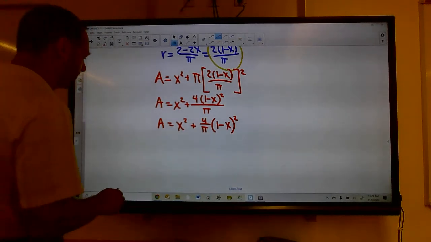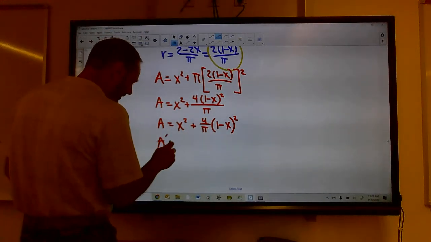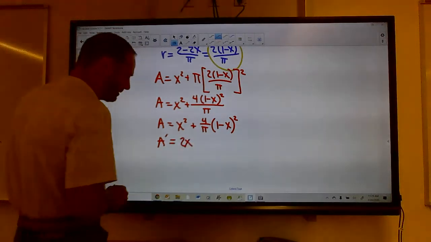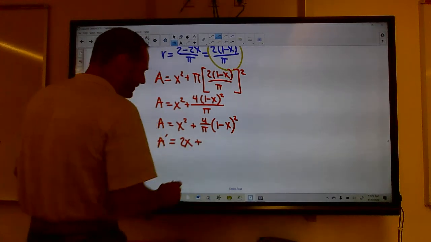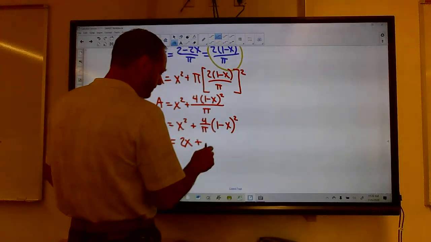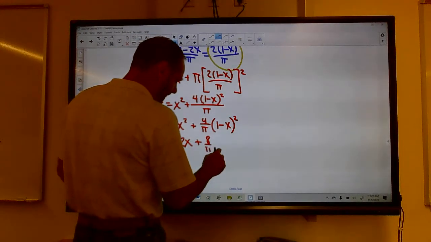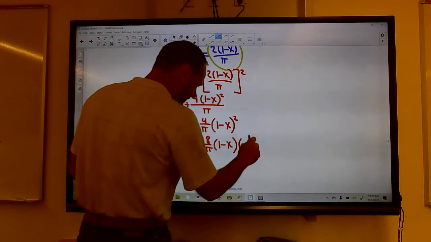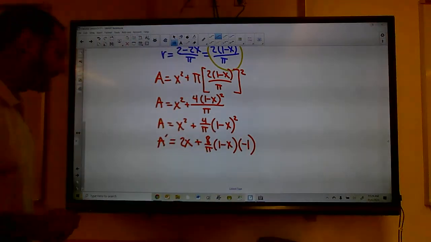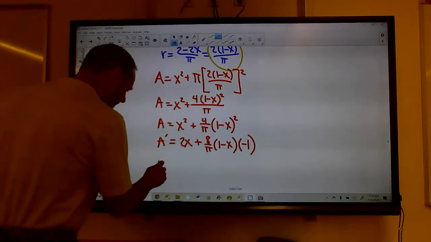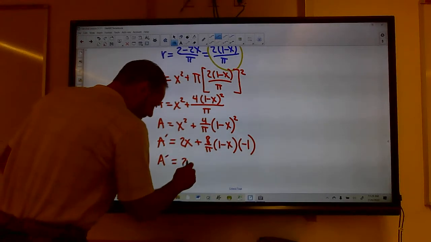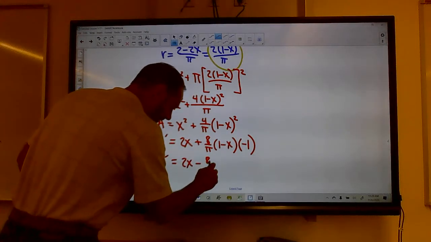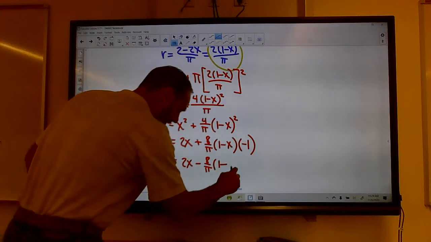Well, let's take the derivative and see what we get here. So the derivative of the area would be 2x plus 8 over pi times 1 minus x to the first power times negative 1, because that's the derivative of the inside. So this would be 2x minus 8 over pi times 1 minus x.